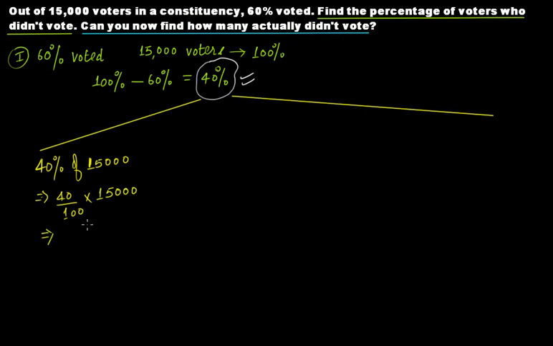If you solve it, you get 4 times 1500. So this becomes 6,000. So 6,000 voters didn't vote. They didn't vote, right? The second way is using unitary method.